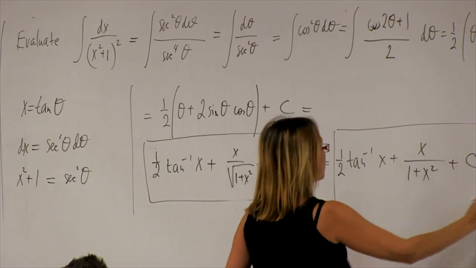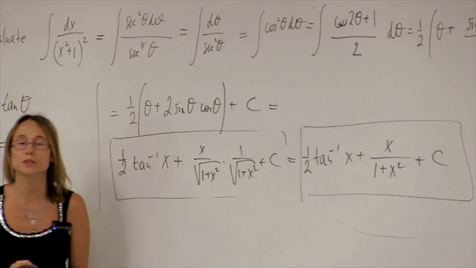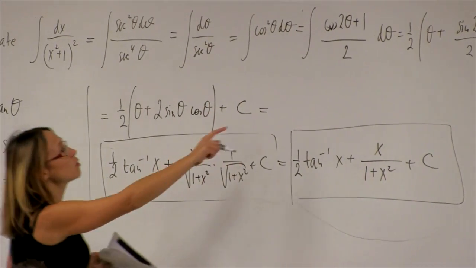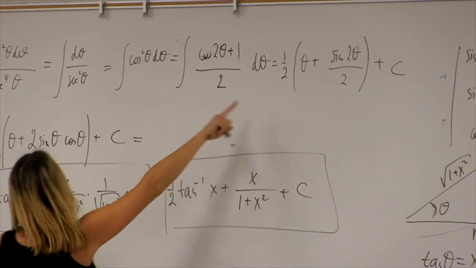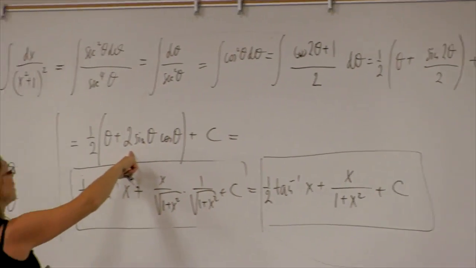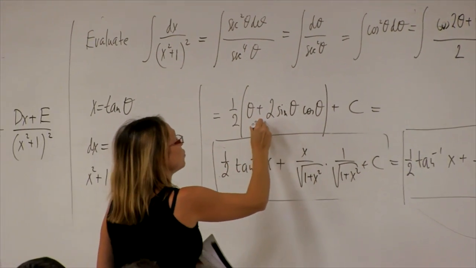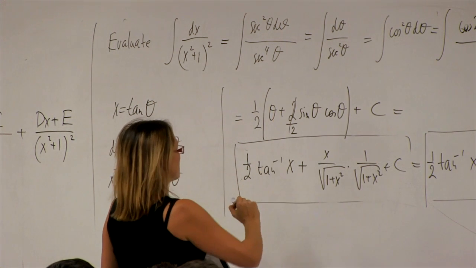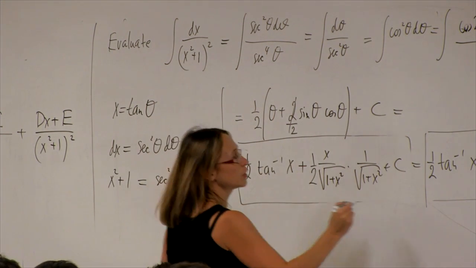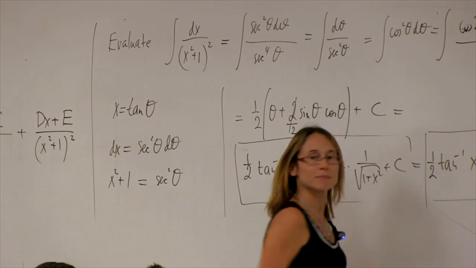So this is the answer. Questions? Question? So there's a half here. Oh, yes, you're right. Because there was a half here over 2. Yep. So this cancels, and I have 1/2 here. Very good. Thank you.